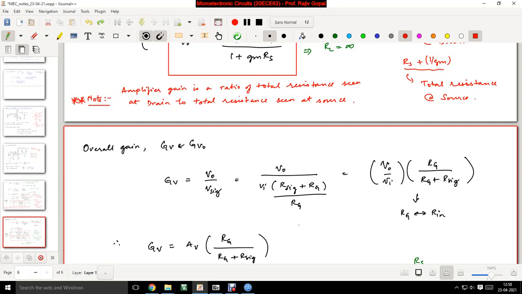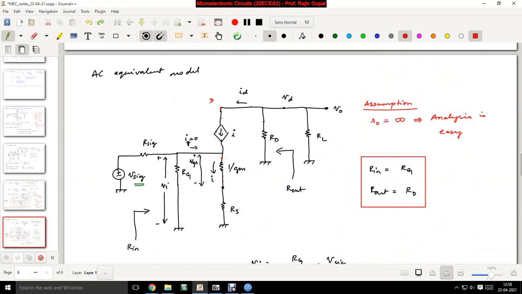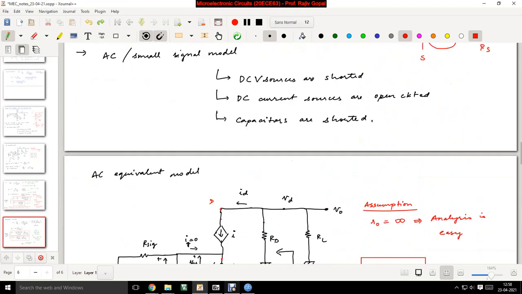Why? Because common gate actually provides a current gain of 1. We'll see how it is in the next class. Hopefully you don't have any queries till now. Any queries, let me know. Alright, then we'll stop. We'll continue in the next class.